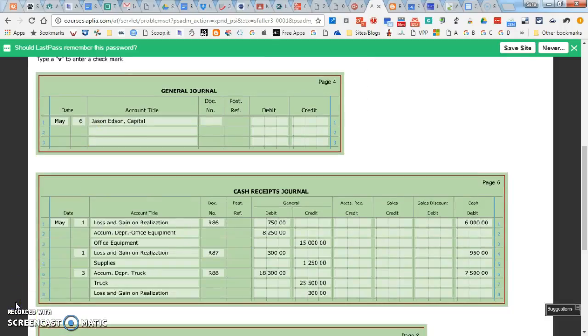So to calculate what it is, you take from over here, so we're going to have our 750 plus 300 minus 300. So basically 750 and then times the appropriate percentage. So times 60 for Jason and 40 for Peggy. So our document number is M21. And so we're going to have a debit of $450. Then we have Peggy, a debit of $300. And then loss and gain is $750.